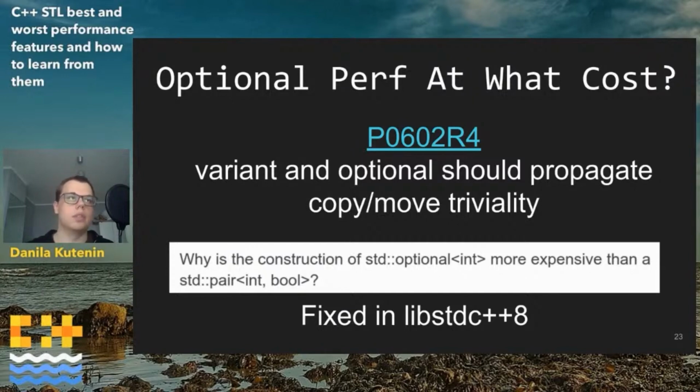Unfortunately, as you've seen, this comes with the complex design of optional, and actually there was a complaint somewhere on Stack Overflow that standard optional int is more expensive than pair of int bool. This was because this proposal was not implemented at the time in libstdc++, and it was eventually fixed. So people complained that it is not as performant as they expected it to be, and it was eventually fixed, but at what cost?